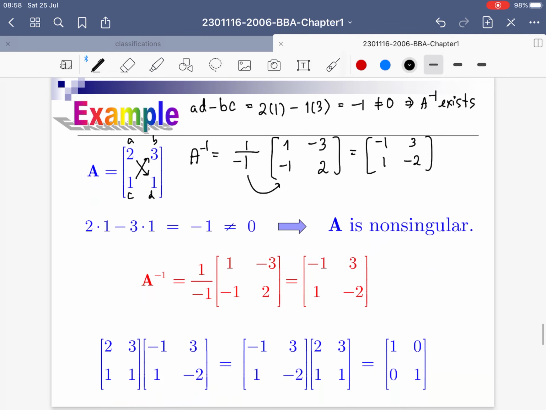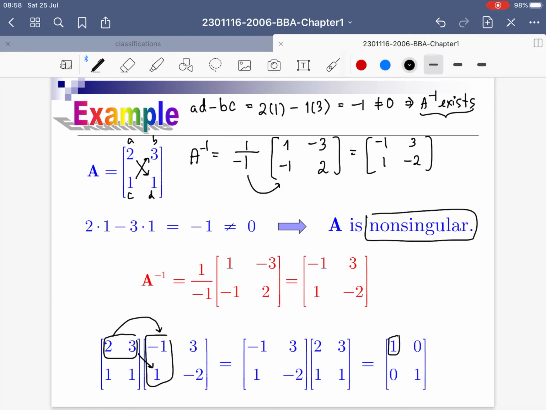If your A inverse exists, then it means that your A is non-singular. And if you want, you can also check by multiplying these two matrices. For example, this one is negative 2, here is 3, so negative 2 plus 3, you get 1 here.